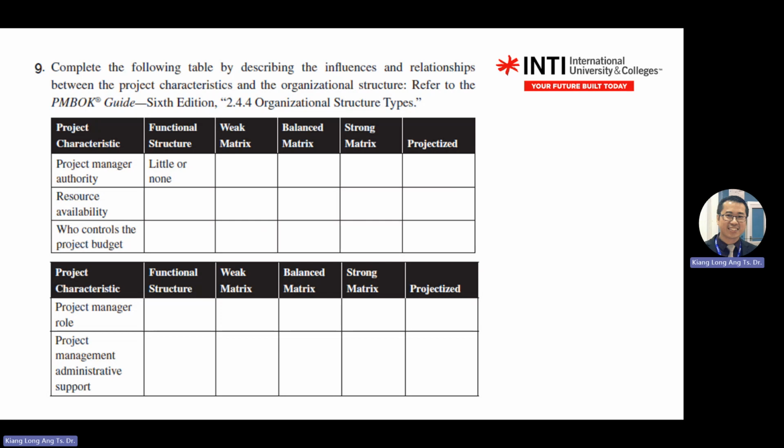Prioritize, what? Just now in question 1 or 2. This one is question 3, all right? Question 3, there's one just now where you filled in the 1 to 14. This one: what is the project manager's authority in the project types?